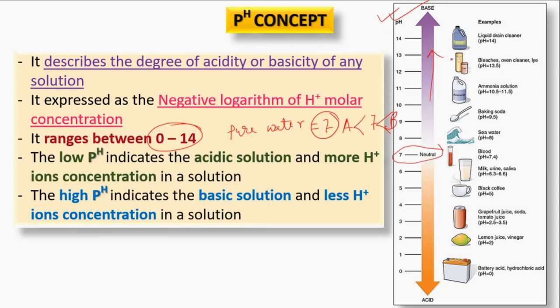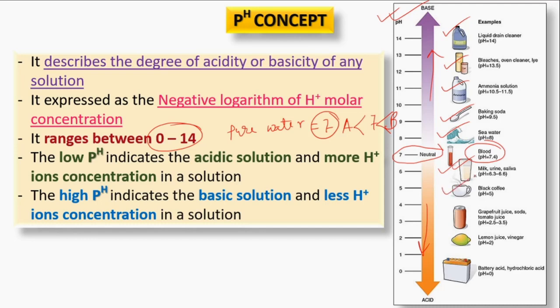As you can see in this figure as well, 7 shows a neutral value, and the purple color shows the basic solutions or substances, while the orange shows the acidic solutions. Here the detergent shows the highest pH, after that bleach, ammonia solution, baking soda, then seawater. Human blood shows almost 7.4, which is slightly basic, and milk, urine and saliva range from 6.3 to 6.6, which is slightly acidic.